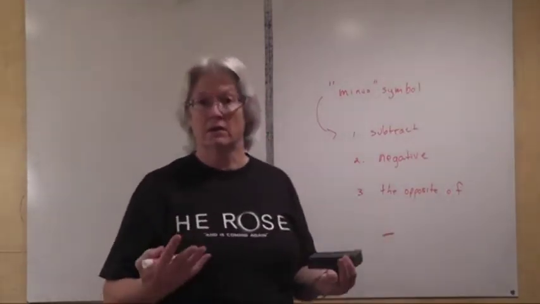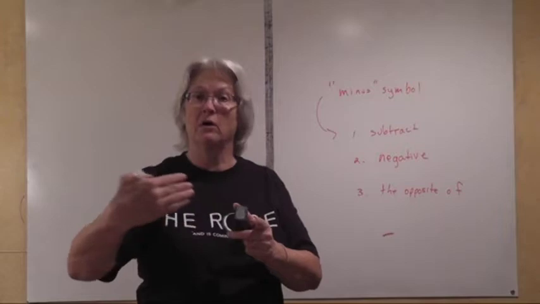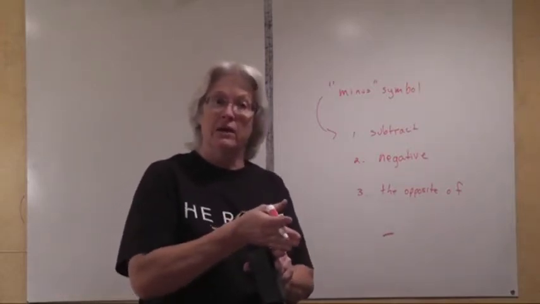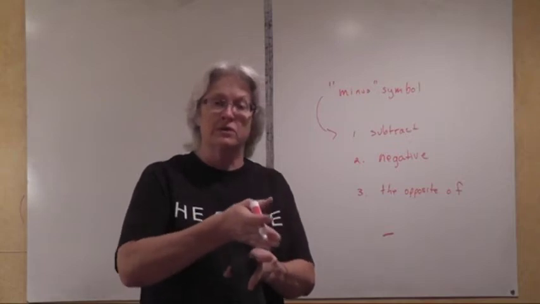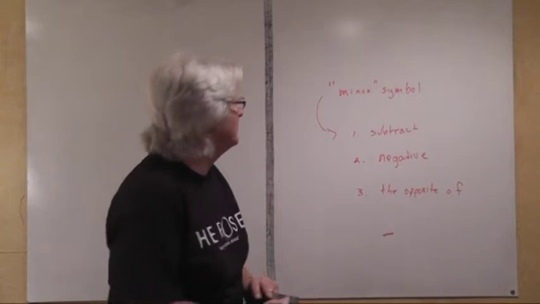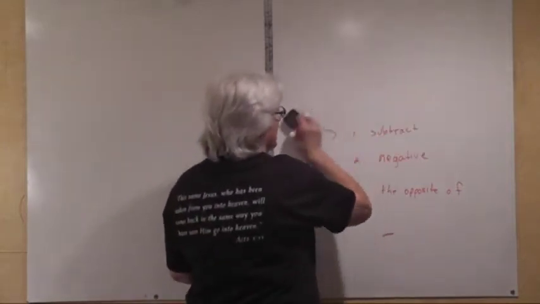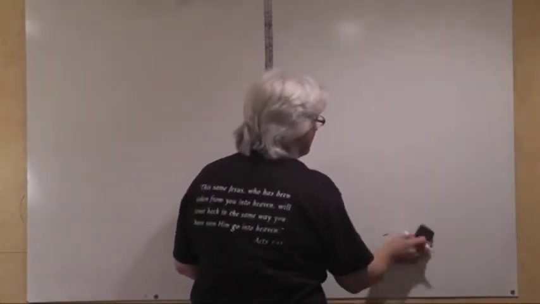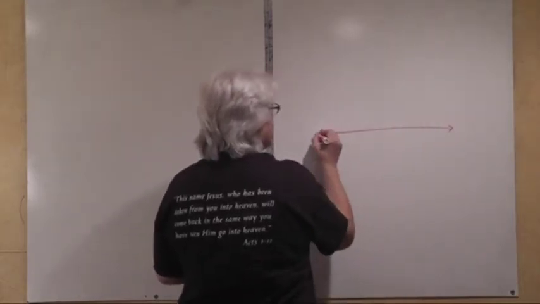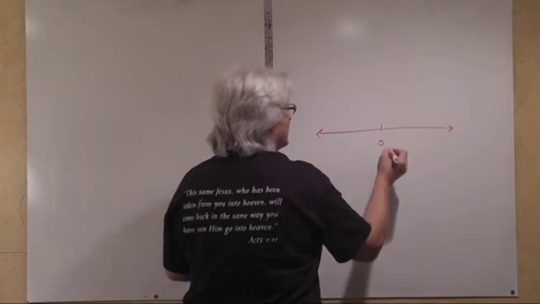Okay, I can say I'm taking the opposite of something, and remember we've talked about what opposite is on a number line. The opposite of a number is going the opposite direction on the number line, the same distance from 0. Let me draw that number line for you real quickly here as a reminder. Our number line has to have arrows on both ends.